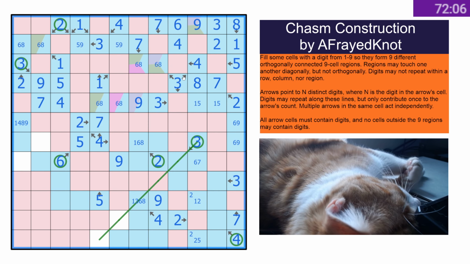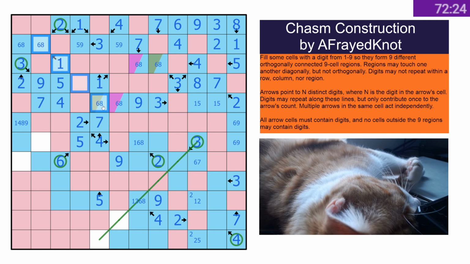I'm just going to get rid of that colouring again. Might make it easier to see. Yes, I should be able to. Let's now do that because I know that these two are different. And I think I know something about this diagonal, don't I? Yeah, that's dark green. Dark pink there.